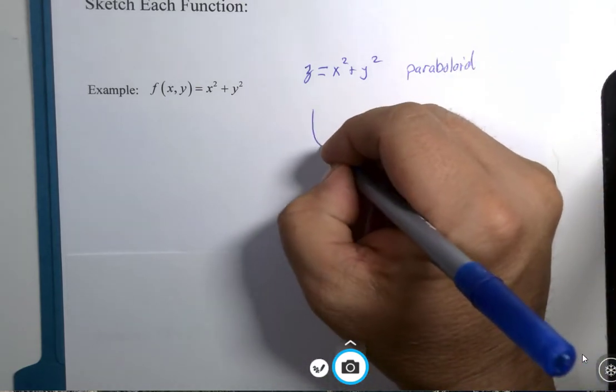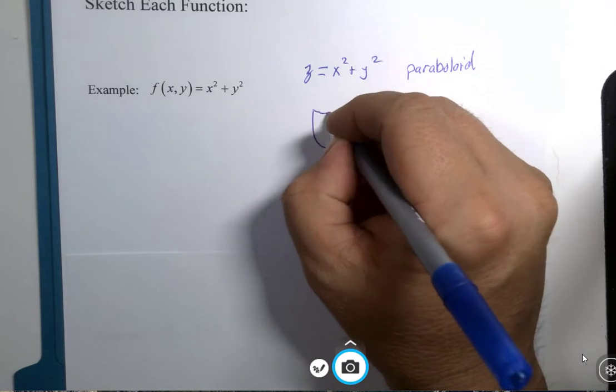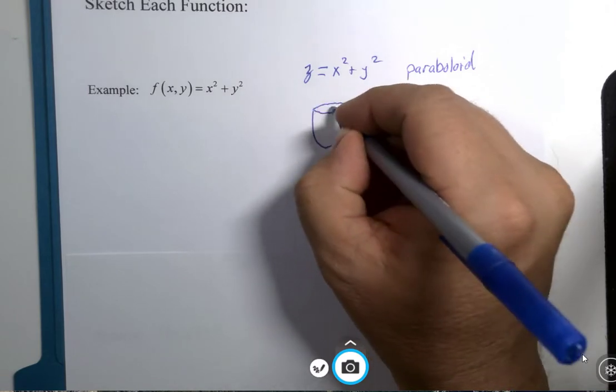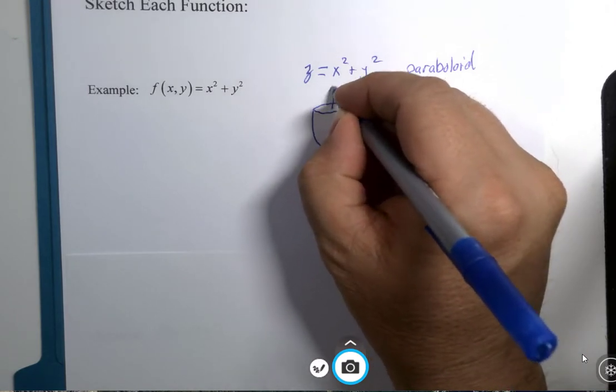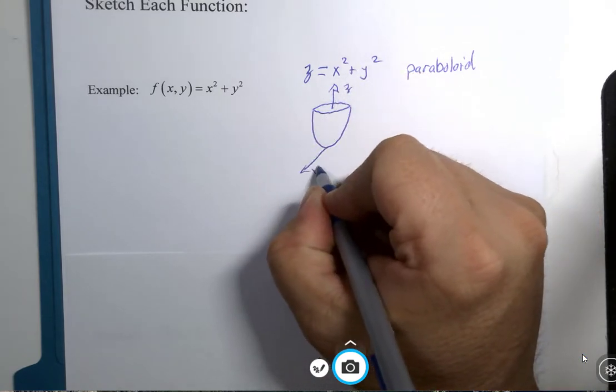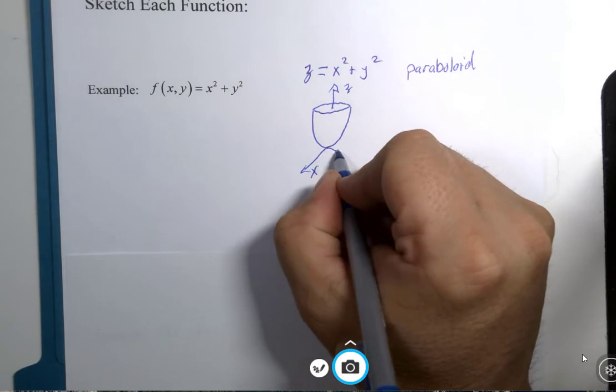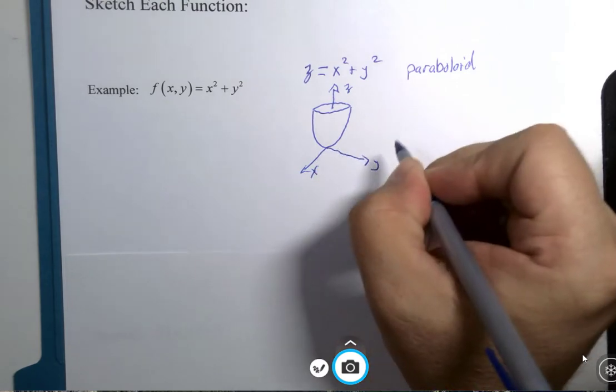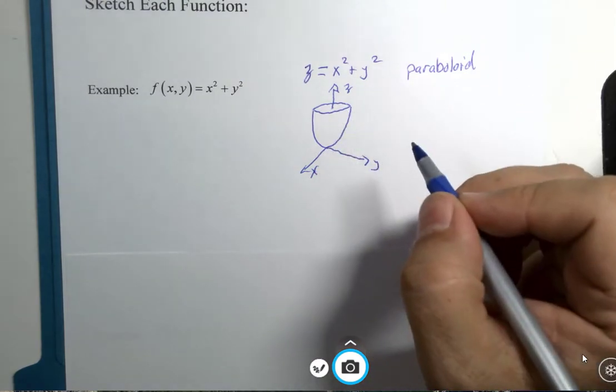It opens in the positive z direction and it keeps going up forever. That would be the z-axis. And in the xy cross sections you would see circles that get bigger the higher up you go.